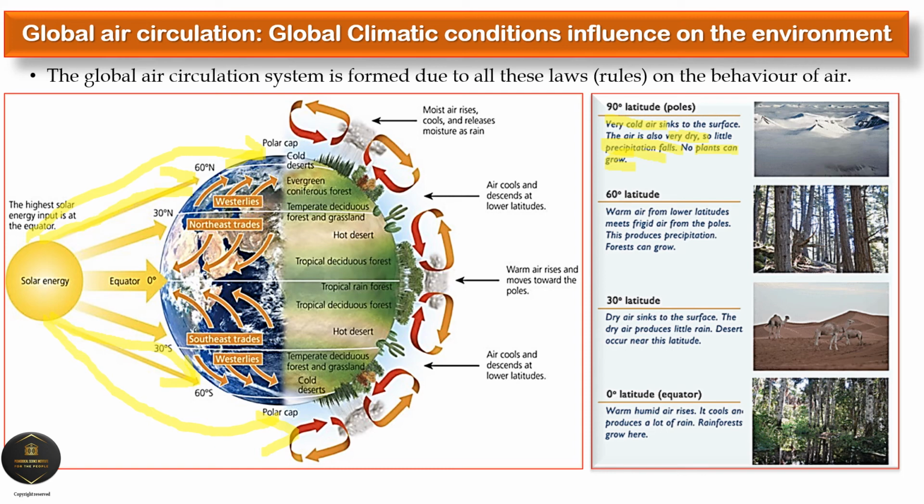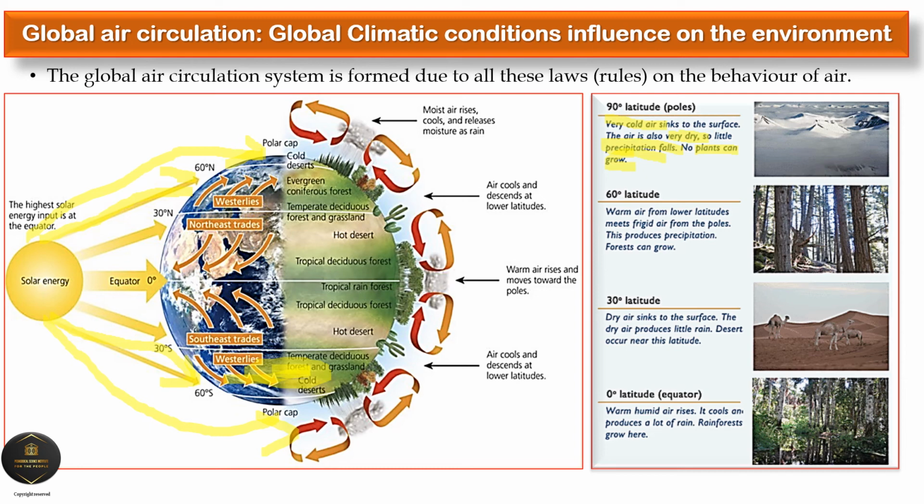Now at the 60-degree line of latitude, remember, which is the subpolar low pressure, what we have there is the warm air from the lower latitudes, so we're basically looking at the warm air from here, from the subtropical region. Remember, this air flows towards the poles, right?